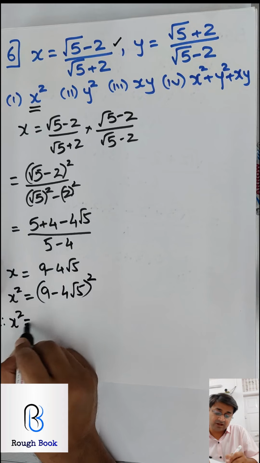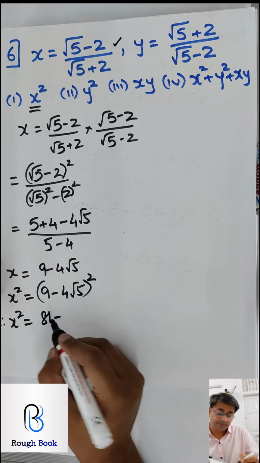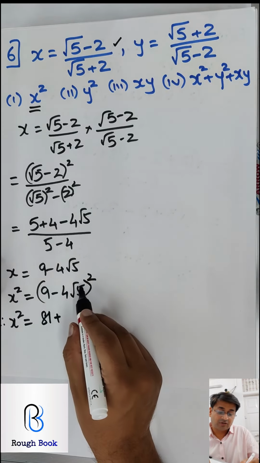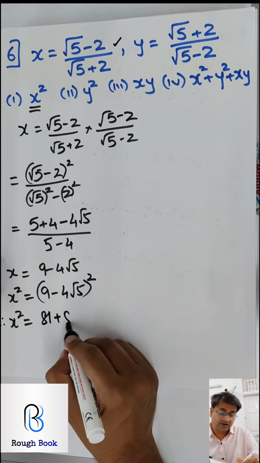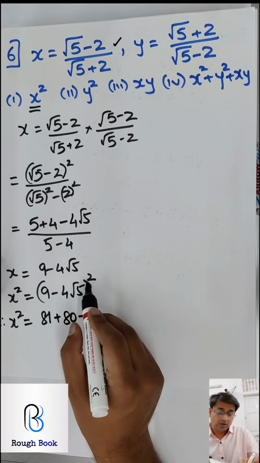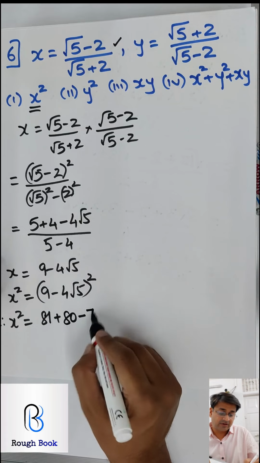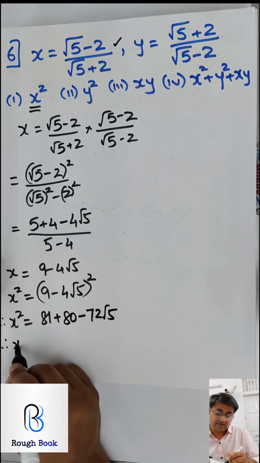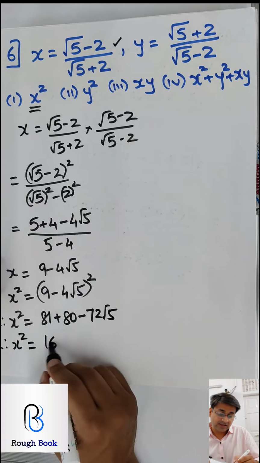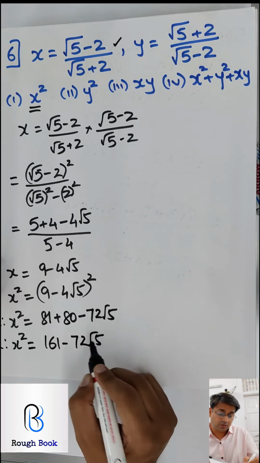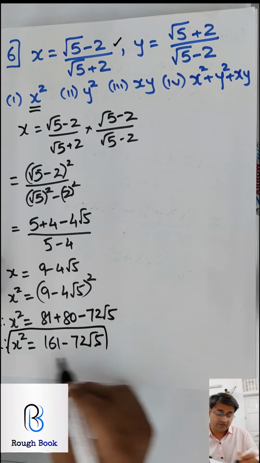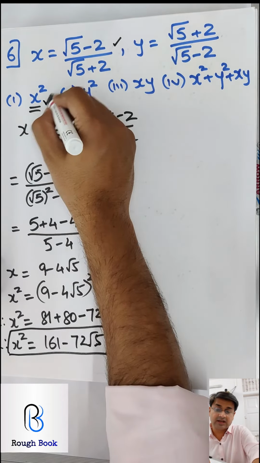So we can say therefore x square is 81 plus 4 root 5 the whole square. So that is 16 into 5, 80, minus 2ab. So 4 2s are 8, 72 root 5. So finally therefore I can say x square is 161 minus 72 root 5. This is your first part that we got, that is only x square.